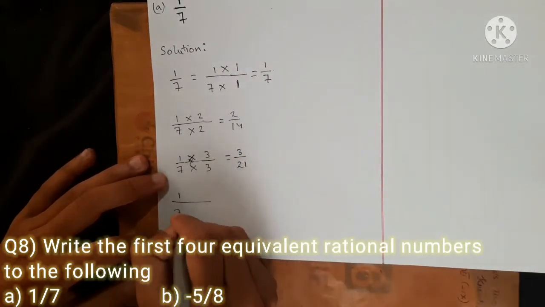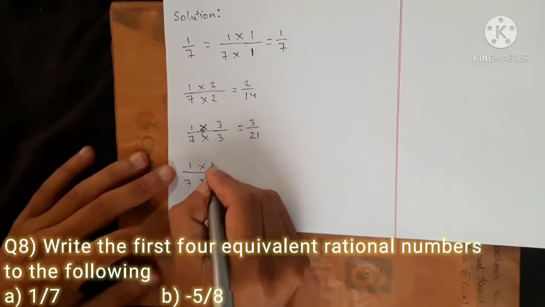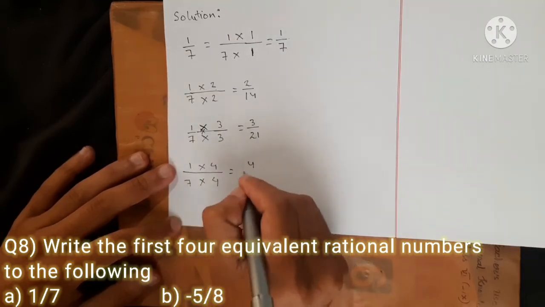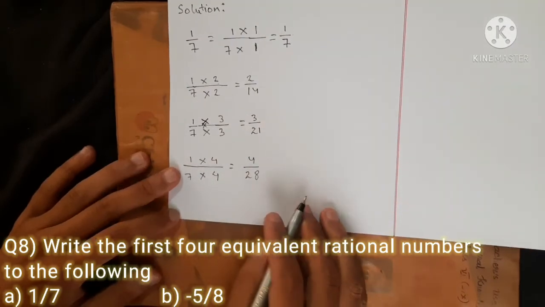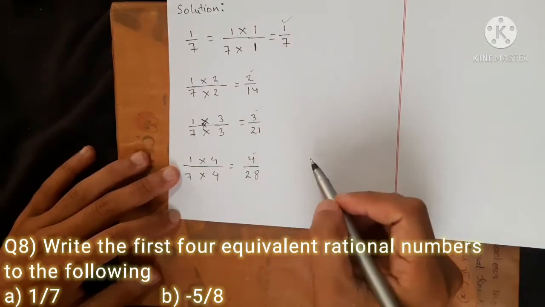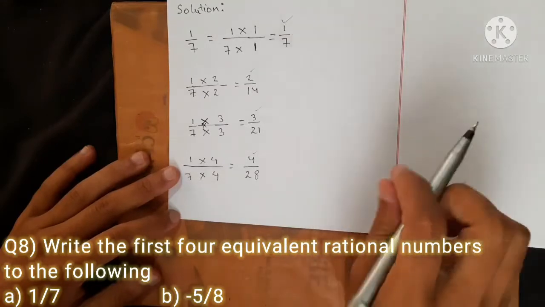Next, multiplied with 4: 1 multiplied by 4 equals 4, and 7 multiplied by 4 equals 28. These are the first four equivalent rational numbers of 1 by 7.